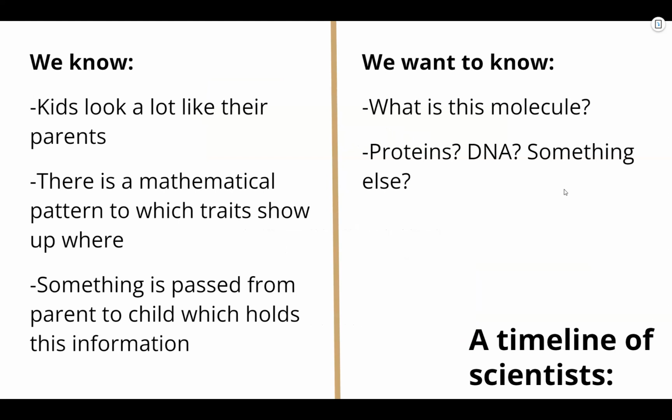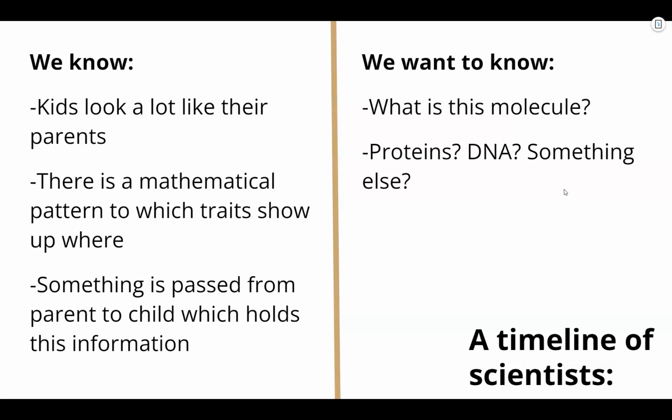So, we start out with what we know and what we want to know, right? Where are we? I think this is the 1920s. So imagine it is 1920. This is what we know. This is what we want to know. We have the ability to see, and we can look around and we see that kids look a lot like their parents, right?